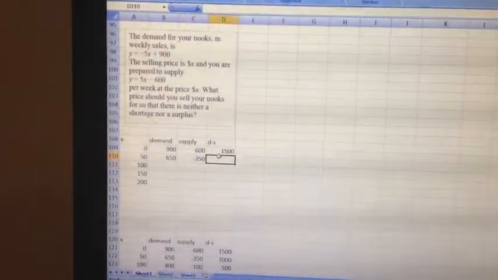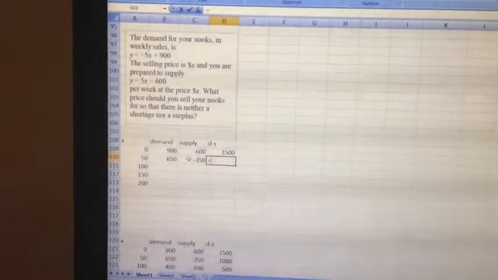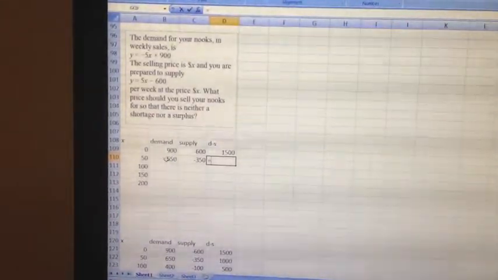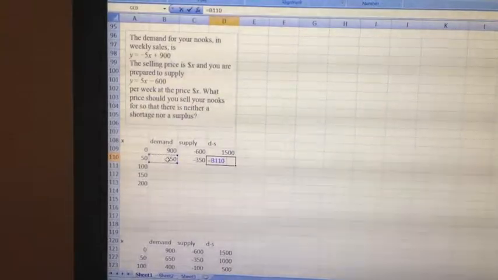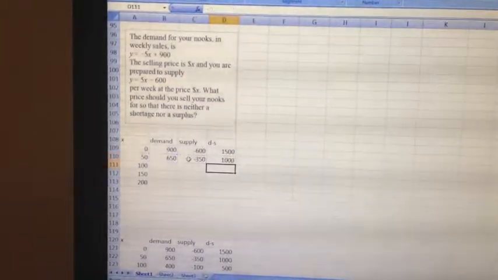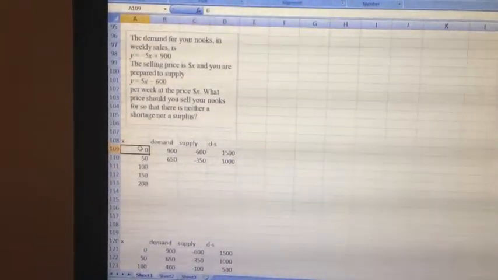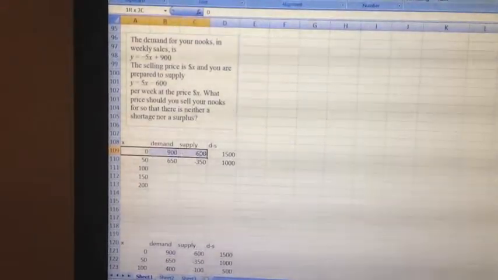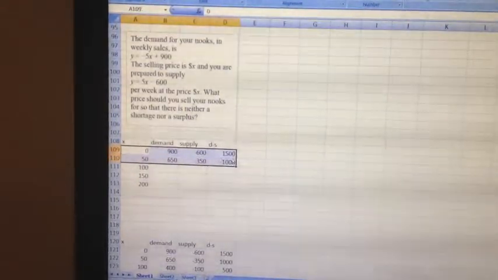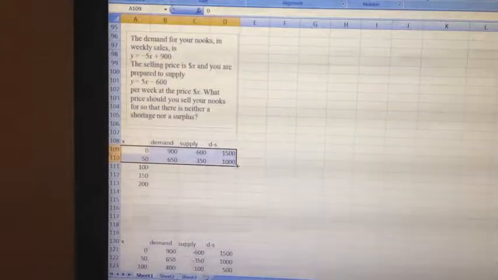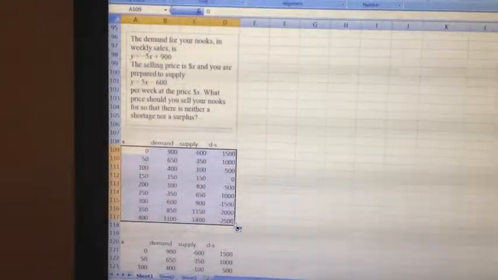And we could do the same thing with our demand minus our supply. We do equal sign, demand minus supply, and hit enter. If we don't want to do it manually, we can drag these over, drag this down, and then we could use this little arrow over here and go all the way down.